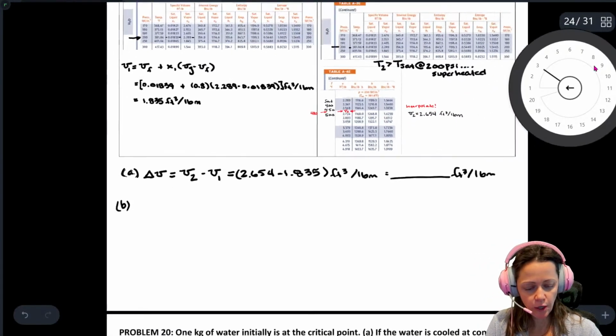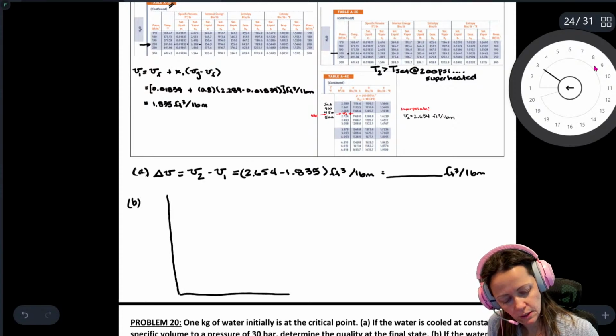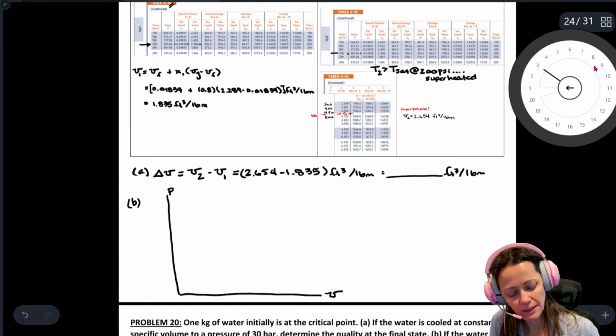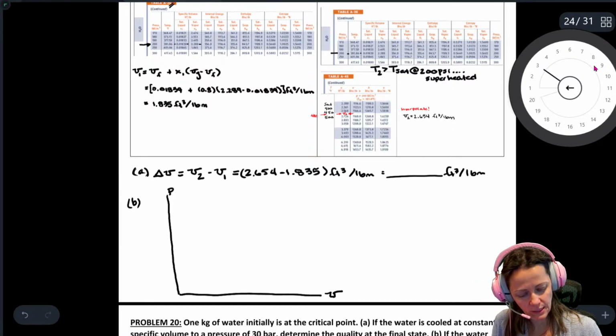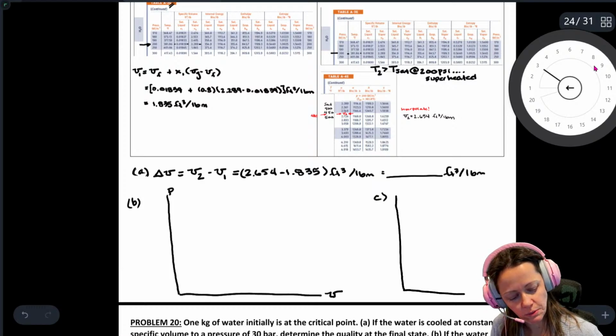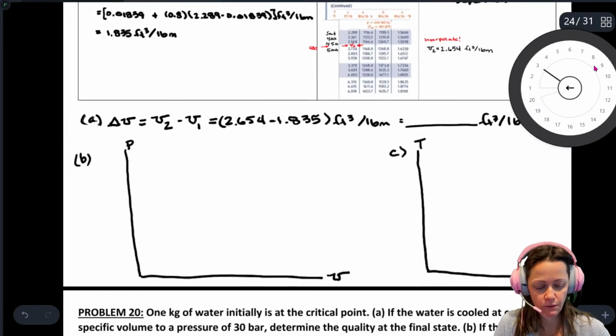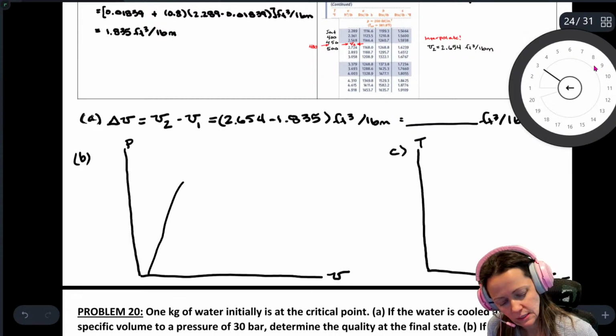All right, so now we got our PV diagram. And this is so simple, so let's add a TV diagram too, because it just seems so stupid to have just the PV diagram for this constant pressure process.